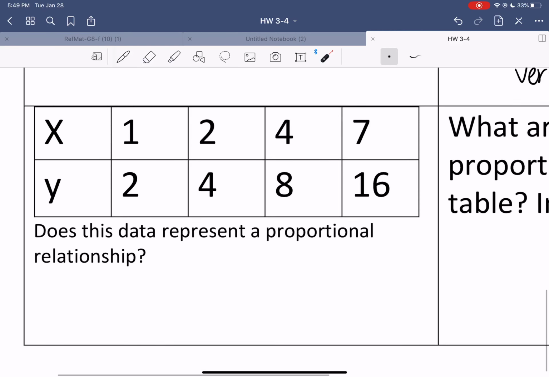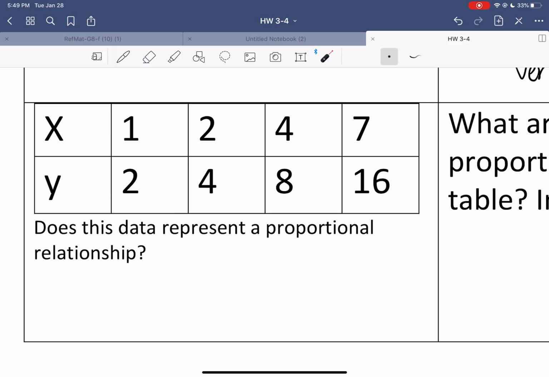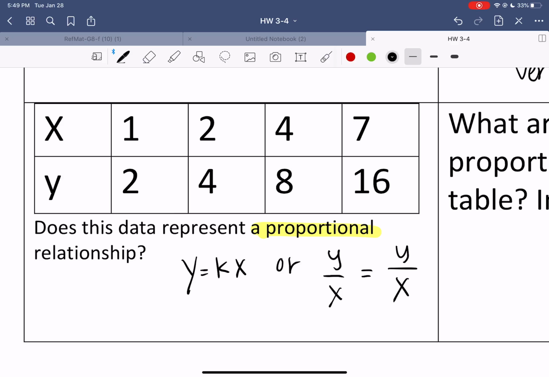And this one says, does this data represent a proportional relationship? So this is also a function, and then we're determining whether it's proportional or non-proportional. So proportional is referring to our y equals kx, or if we were to set up y over x equals y over x.